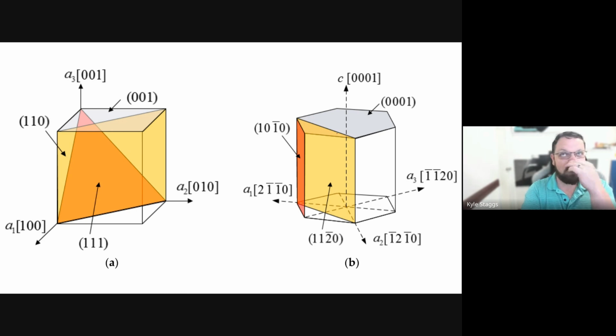So anyone that's going infinitely along the C axis is going to have a 0 there. So that's why all of these examples do. 2, -1, -1, 0 is another one that's given here. Another plane that is 1, 0, -1, 0 is infinite along A2, hence the 0, and infinite along C, hence the 0.